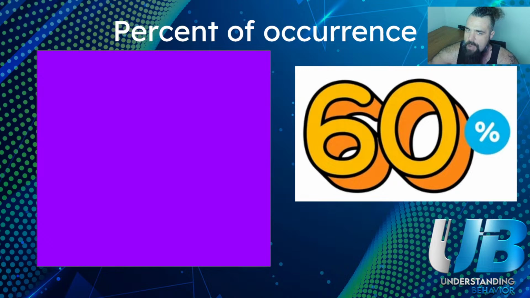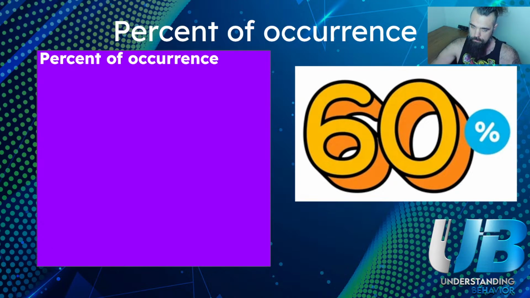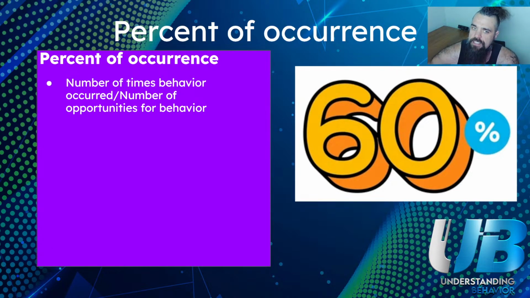Let's first talk about percent of occurrence. Percent of occurrence is the number of times that a behavior occurs divided by the number of opportunities for the behavior. So we're going to look at the number of behaviors that occurred as our first number, and then divide by the opportunities.